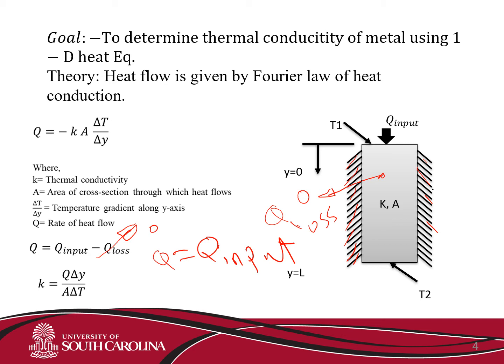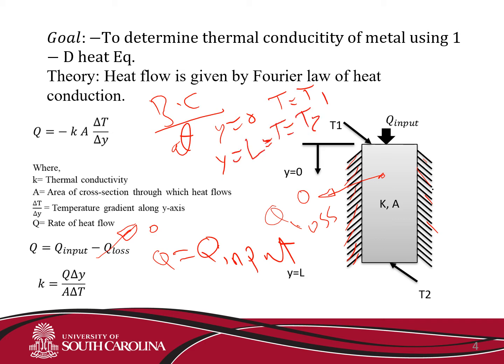For the boundary conditions, at y equals 0, T equals T1, and at y equals L, T equals T2. So that gives you a little background on how to use heat conduction.